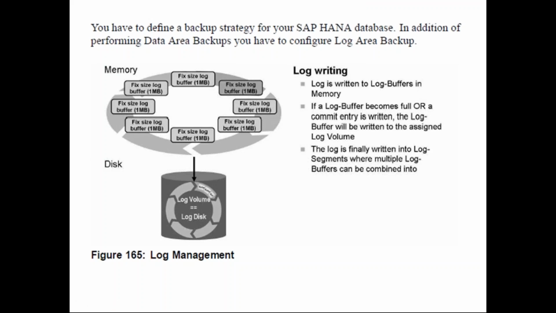In the memory we have fixed size log buffers, small buffers. Each log buffer size is 1 MB. So whenever a new transaction is performed, first the data will be written into this log buffer.